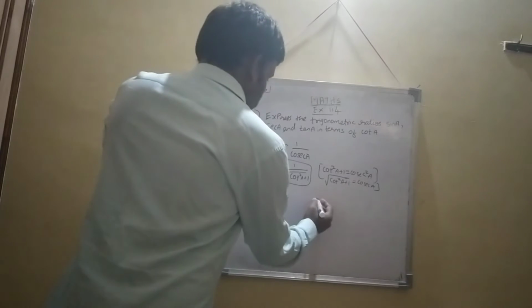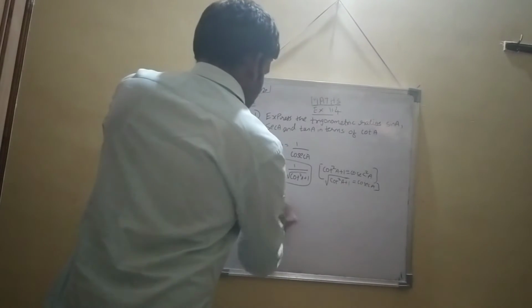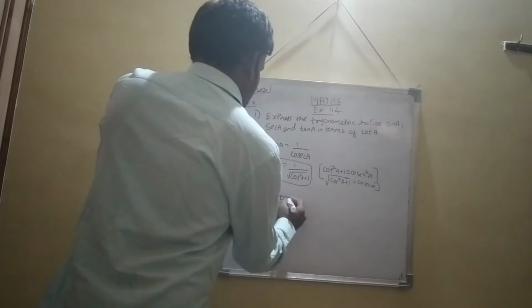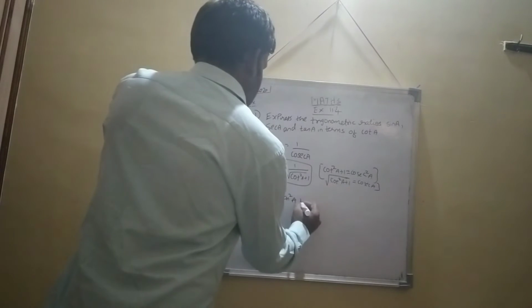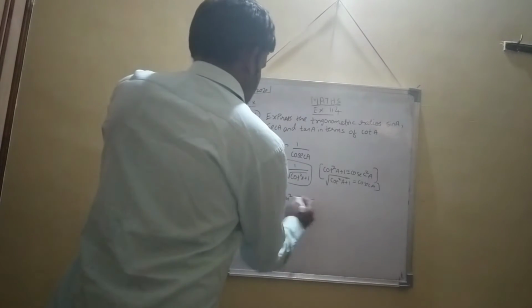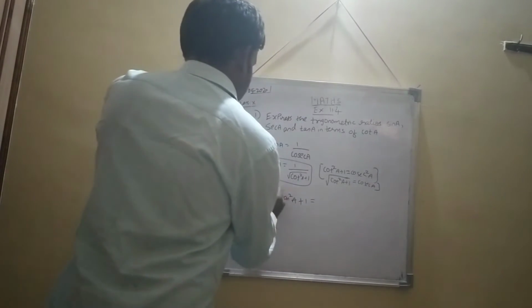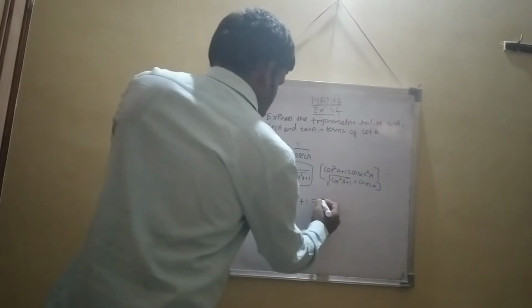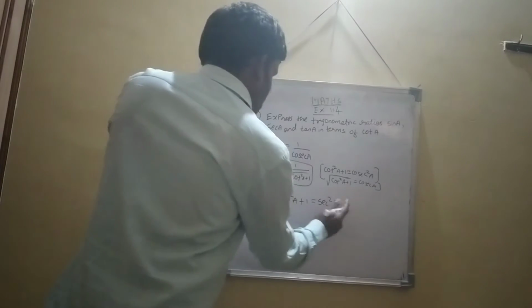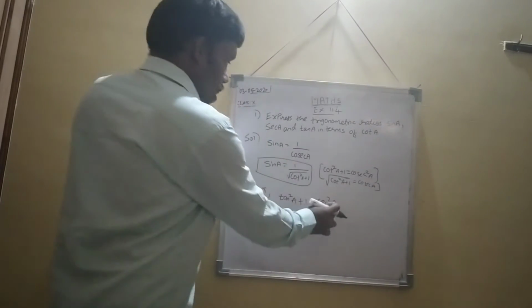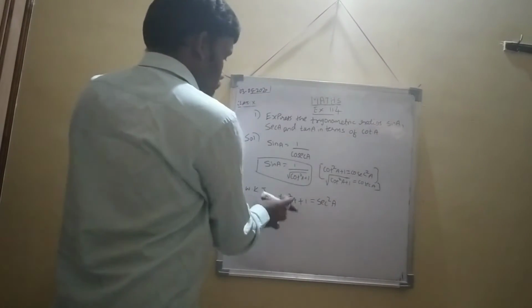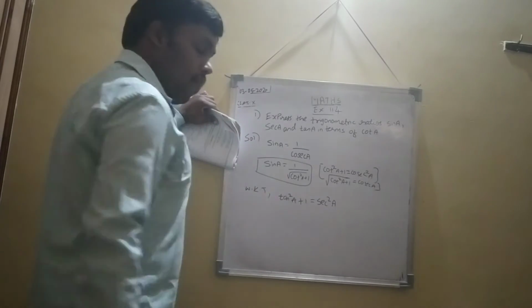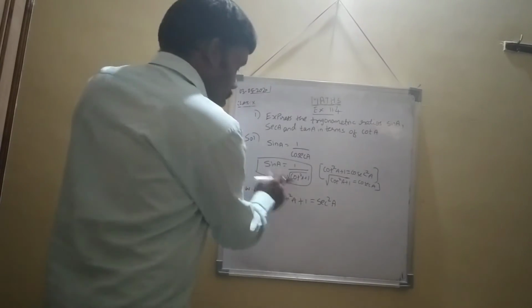We consider the identity tan square A plus 1 is equal to secant square A. So I want the value of secant in terms of cot, and we wrote it in terms of tan because the reciprocal of tan is cot.